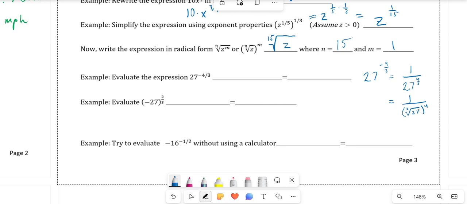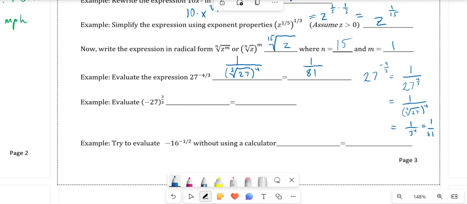I'd prefer to take my root first and then exponentiate it, because the root is going to be something small, and I know how to do 3 to the 4th power. That's 3 times 3, 9, times 3 times 3, another 9. So this is 1 over 81. Let's write out some intermediary steps here. This is 1 over the 3rd root of 27 to the 4th power. And that turns out to be 1 over 81.